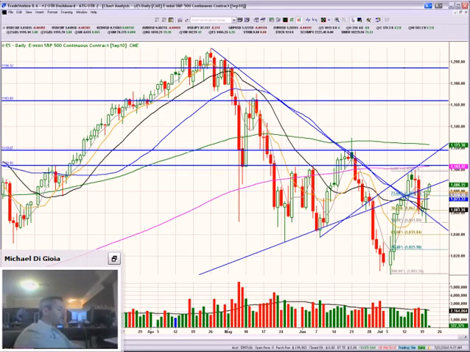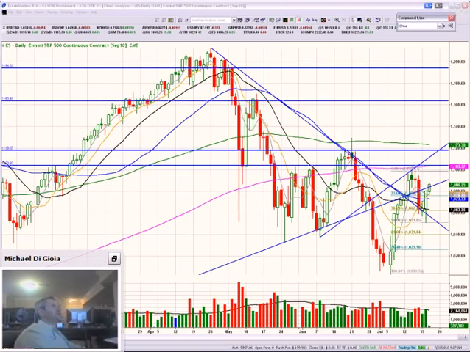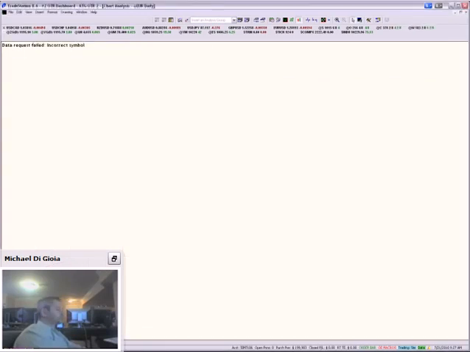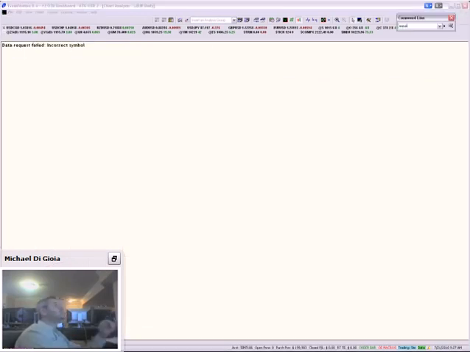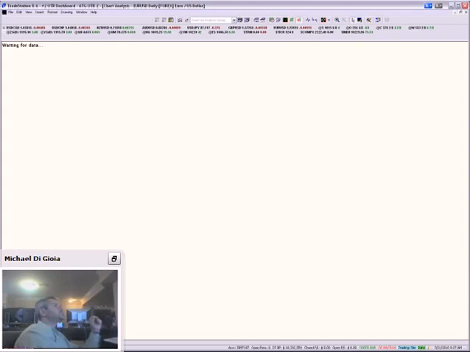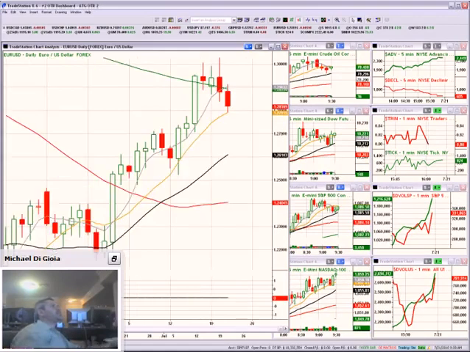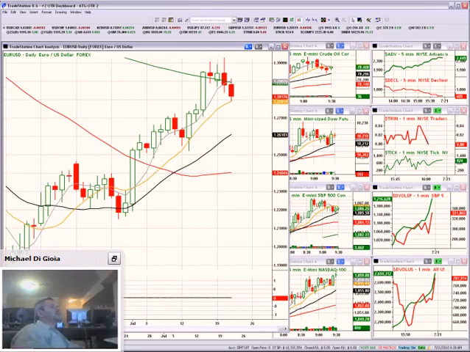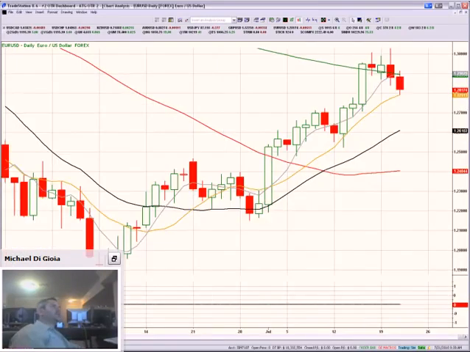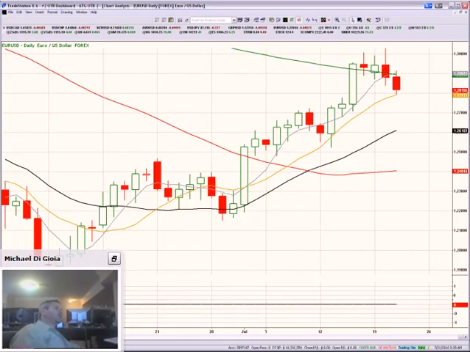Now let's just take a quick look at the Euro USD. Getting a little trouble with my charts here. All right, so here's the Euro USD. We talked about a distribution range and the Euro USD possibly moving lower.